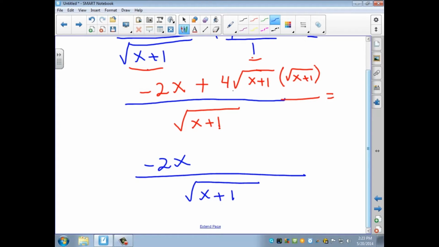Now here, when you multiply this by this, we had in the properties, you had the square root of 5 times the square root of 5, right? Which is like 5 to the 1/2 times 5 to the 1/2, it would be equal to 5. So here, it would be just h plus 1. So it would be plus 4 times h plus 1.